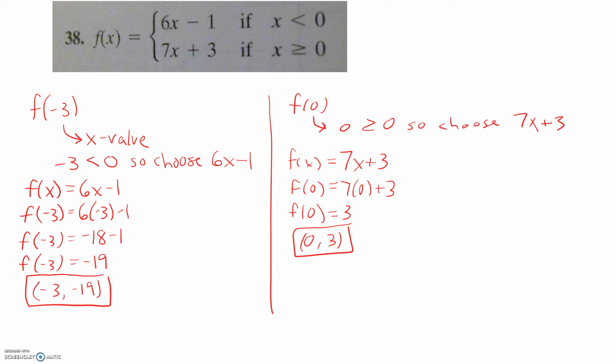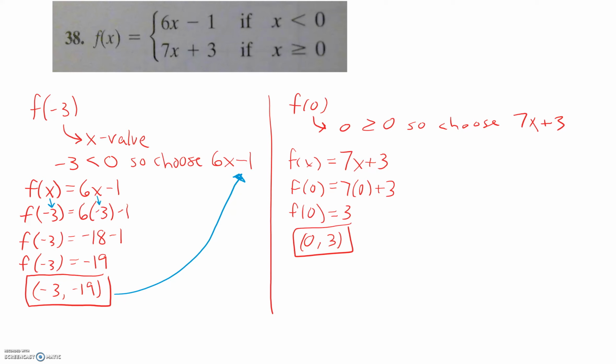And we just input that value into the function, as you can see with the work shown. All we're doing is inputting negative 3 into notation and also into the equation to figure out the coordinate. So this coordinate is somewhere on that line at negative 3, negative 19. So it's one of the many, many points on that line.